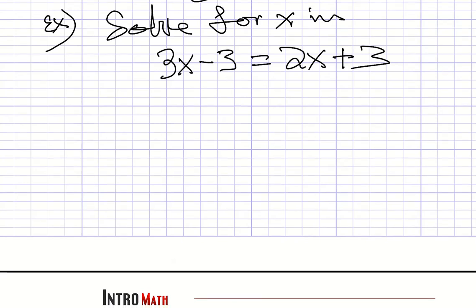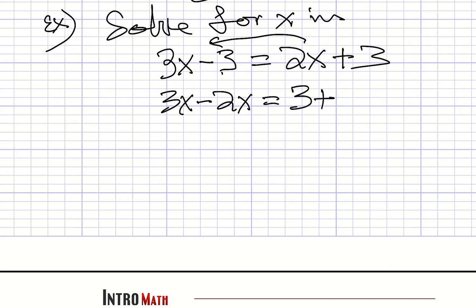So what you do, you start by moving the similar things in one direction, right? You see the number with the variable, 3x, right? And move this to the left. It becomes minus 2x. Is equals to 3 plus, you move this over, plus 3.